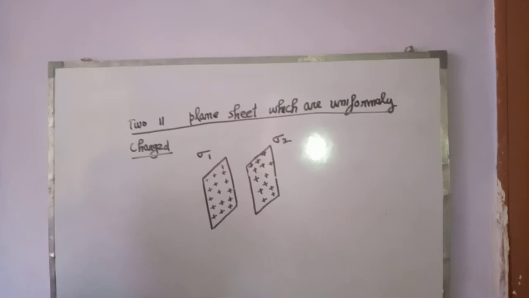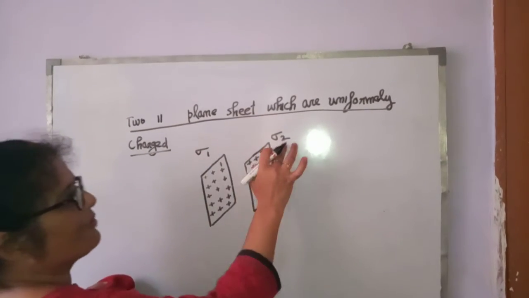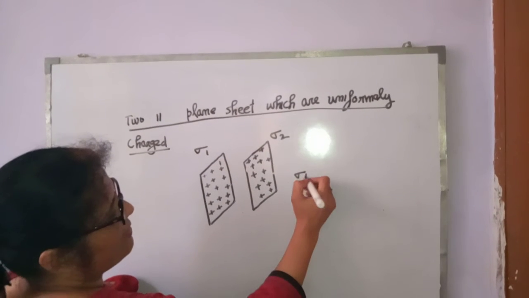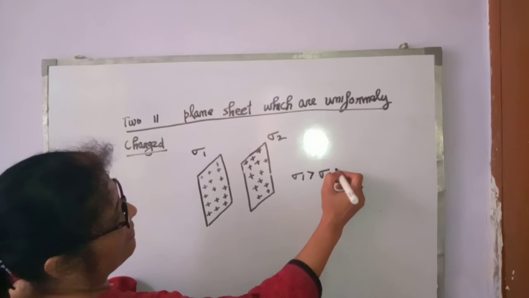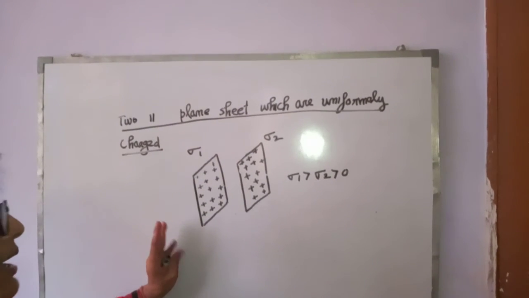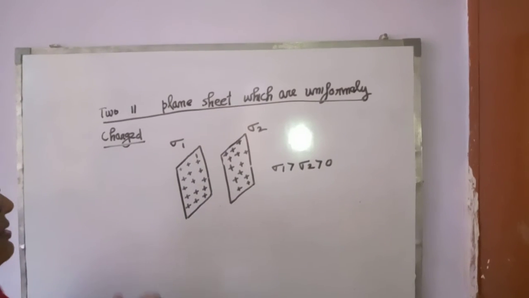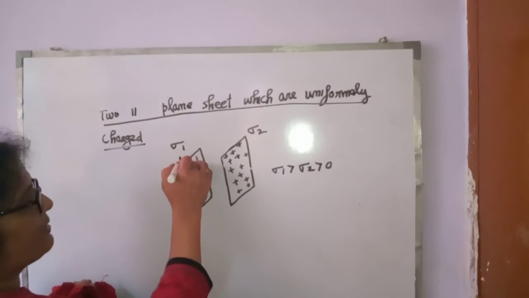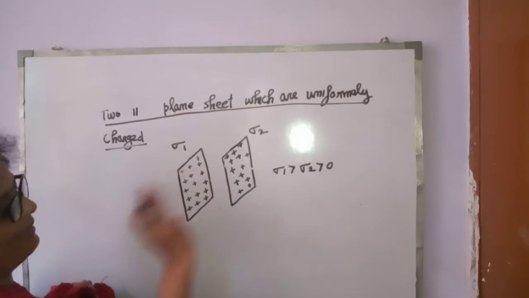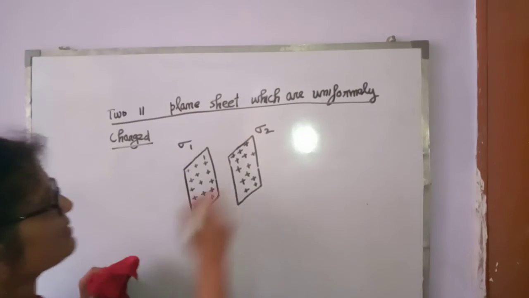Both are positively charged, but the charges on these are not equal because sigma 1 is different from sigma 2. Suppose sigma 1 is greater than sigma 2, which is greater than 0. What does it mean? Both have positive charge, but the charge on the first plate is greater than that of the second plate. Now take 3 points here. What are these 3 points?